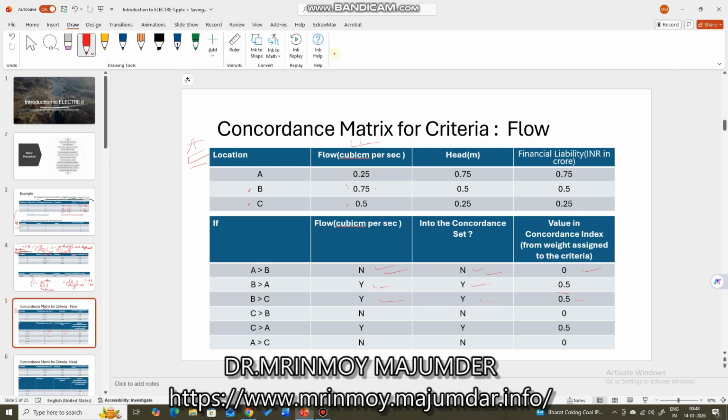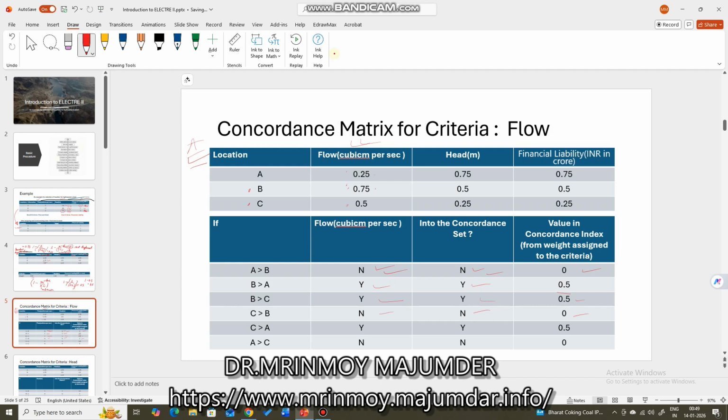But when I compare the reverse, is C greater than B? No. C is 0.5, B is 0.75. C is not greater than B, so no into the concordance set. So no value is assigned, because it is not going to the concordance set, so why would I assign any value?